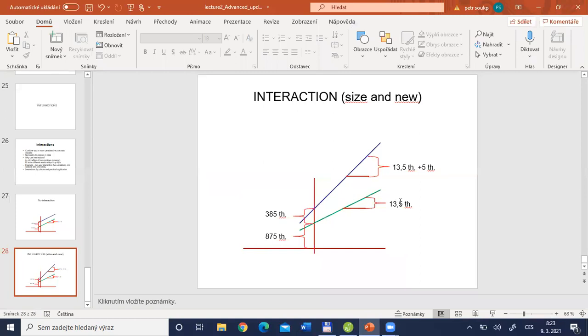So it means not 13.5 thousand, but 13.5 thousand plus 5,000. That's the slope for new flats. So it means the slope for new flats is nearly 1/2 higher than for old flats. So those are the results of the interaction, graphically described in these pictures.